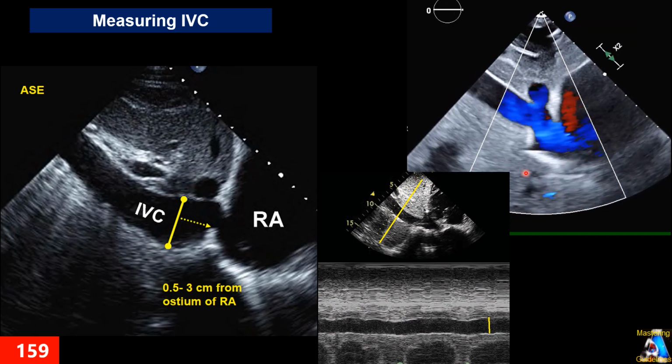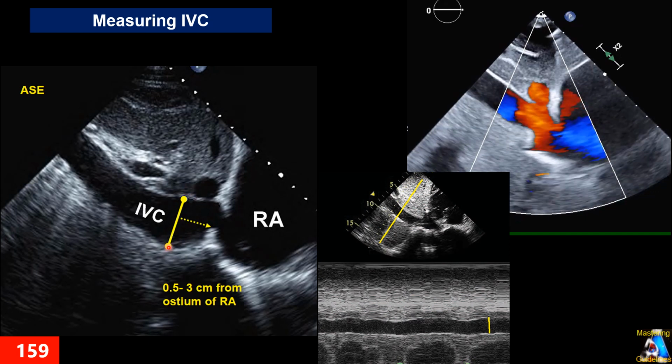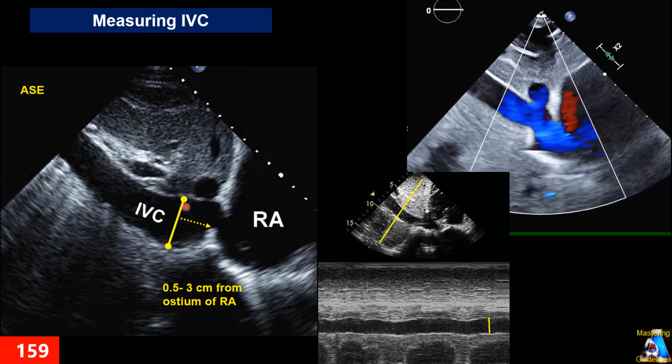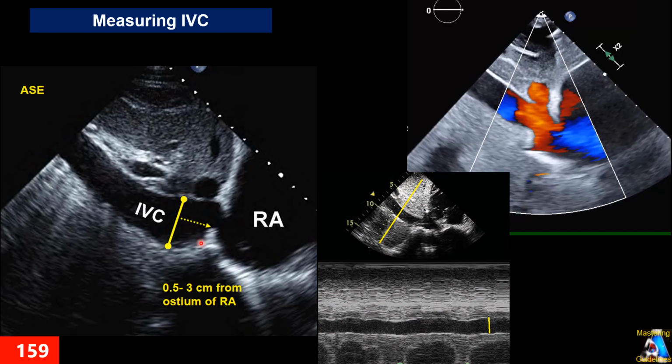In this technique, based on the ASE, the spot we measure should be half a centimeter to 3 centimeters away from the connection of the IVC to the right atrium, and our measurement should be perpendicular to the IVC. Don't forget, not perpendicular to the monitor, but perpendicular to the IVC wall.